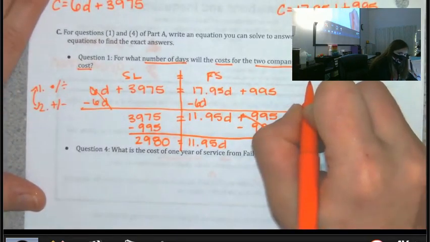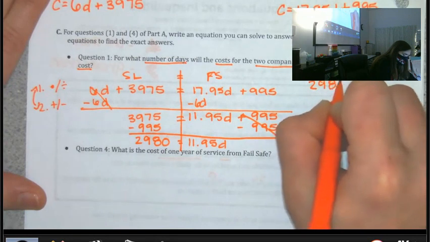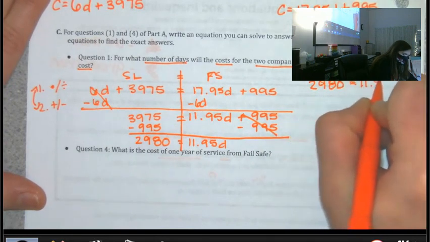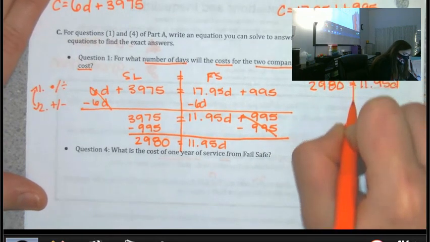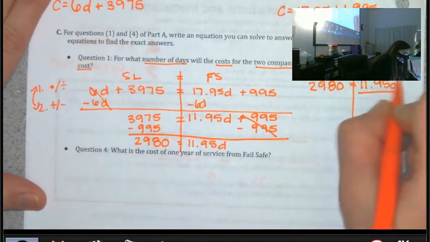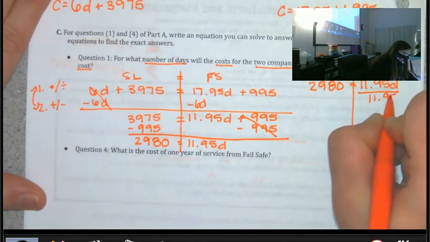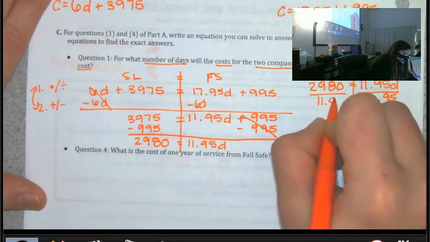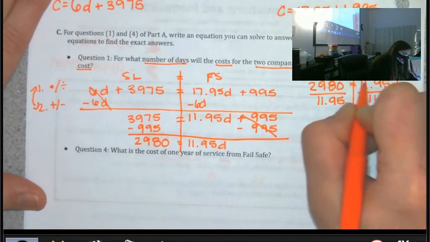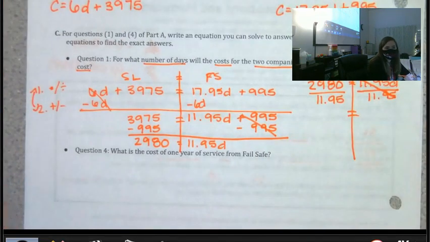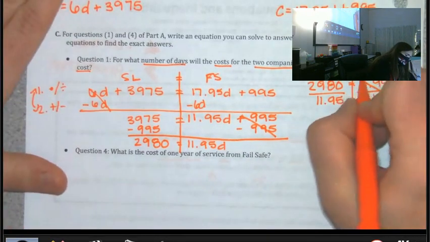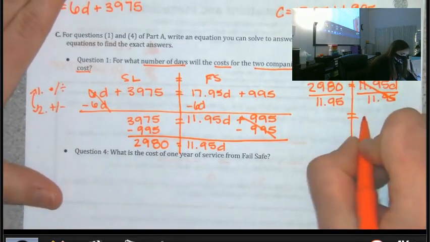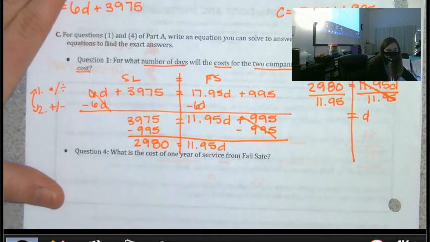Okay, I ran out of room, so I'm going to rewrite my equation over here. I tend to do that. And now I see multiplication, so the opposite of it is division, and I'm trying to get D by itself. The coefficient divided by itself cancels out, but it really goes to 1. So I just have 1D left.